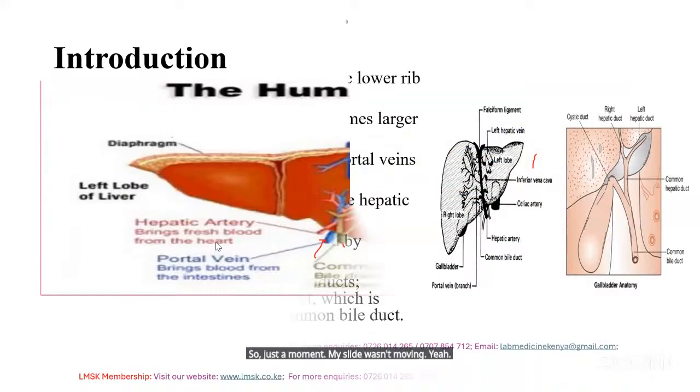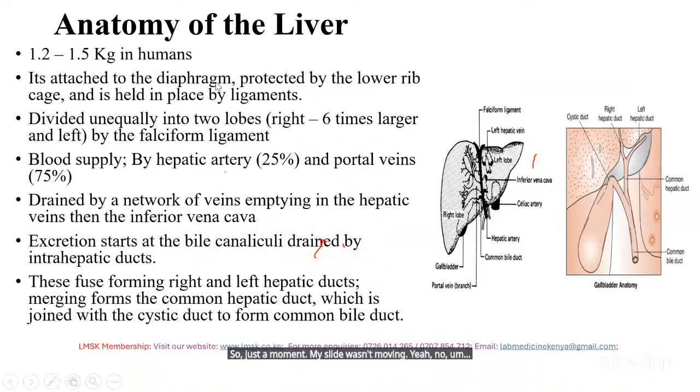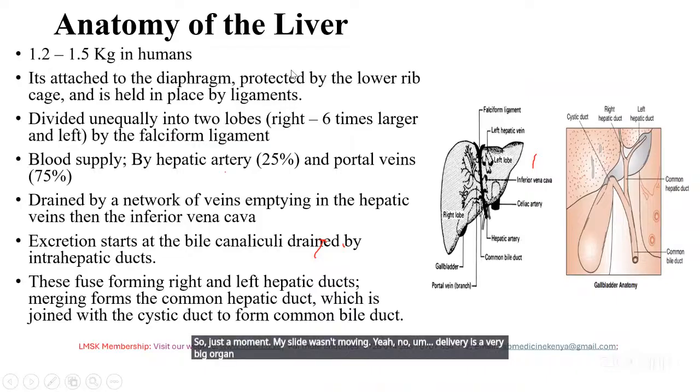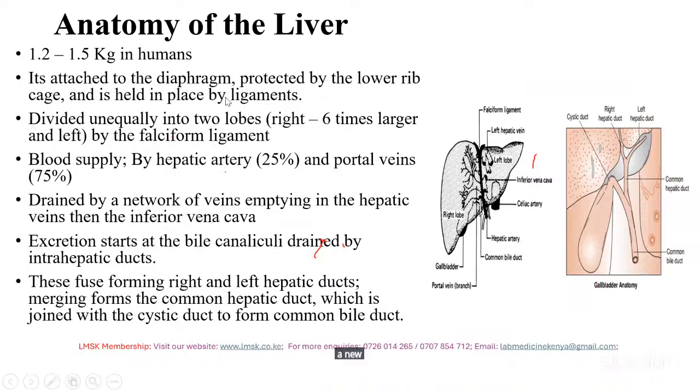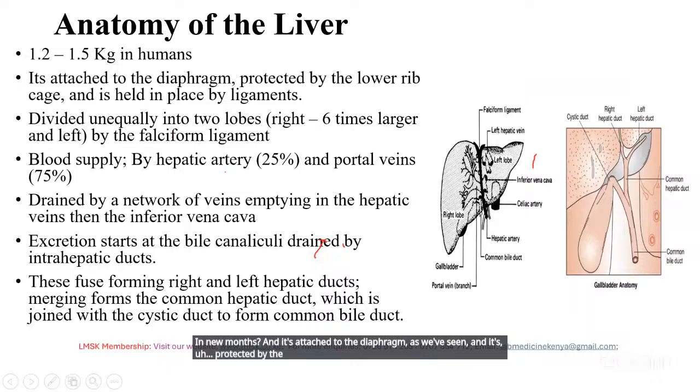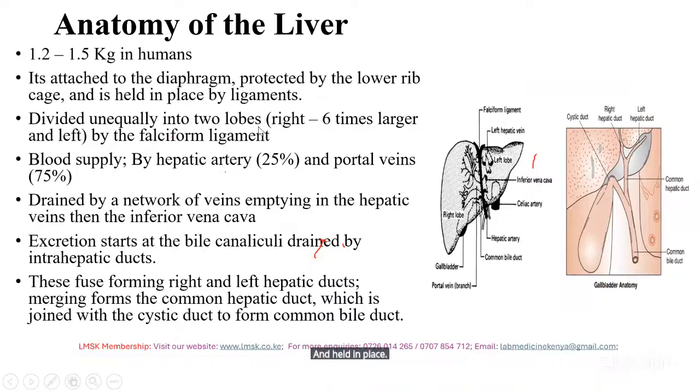Now, the liver is a very big organ, 1.2 to 1.5 kgs in humans. It's attached to the diaphragm, as we've seen, protected by the lower rib cage, and held in place by ligaments.